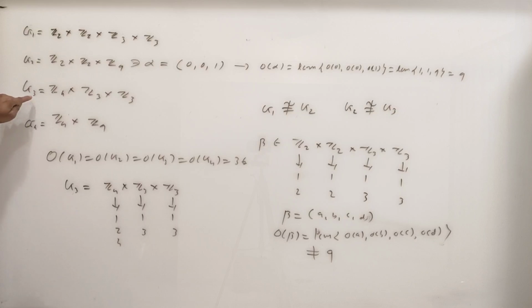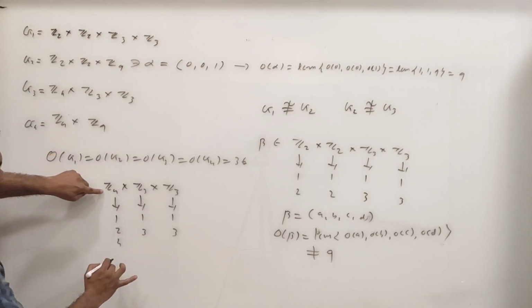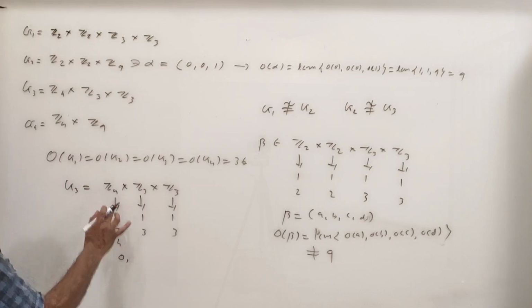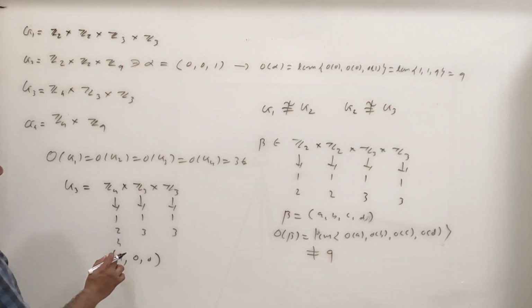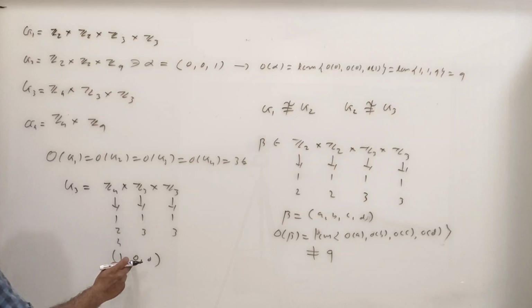Now here in G3 there is an element of order 4. G3 में 4 ऑर्डर का एलिमेंट है. कैसे बनाएंगे आप? You consider one identity, one from Z4 and 0, 0. So 1 belongs to Z4, 0 belongs to Z3, 0 belongs to Z3. The order of 0 is 1, the order of 0 is 1 and the order of 1 is 4.